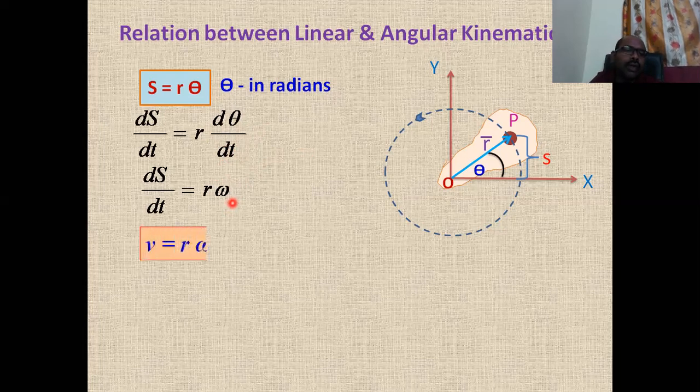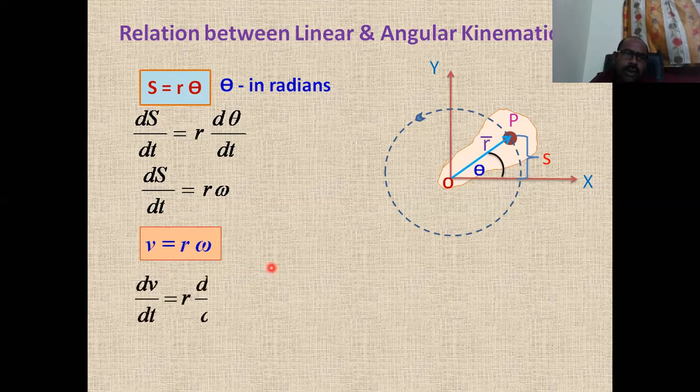Now s is the displacement or linear path length, so ds by dt is velocity. v is equal to r omega. Here v is the linear velocity and omega is the angular velocity. It is the established relation between the two types of physical quantities: v is equal to r omega.